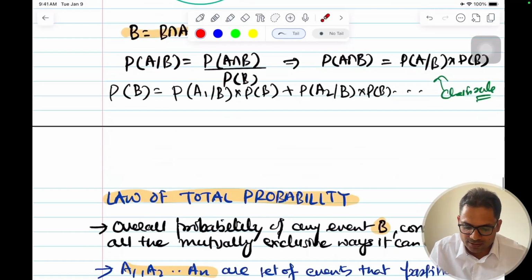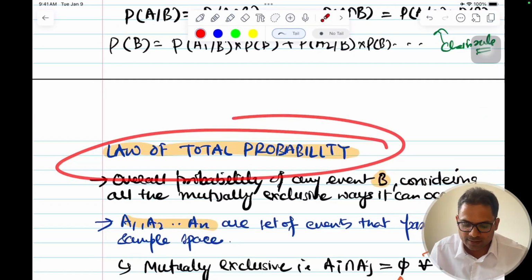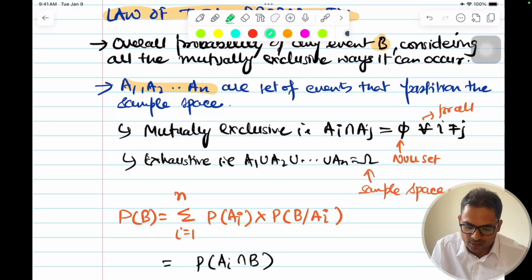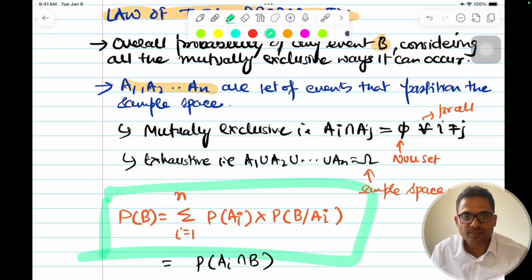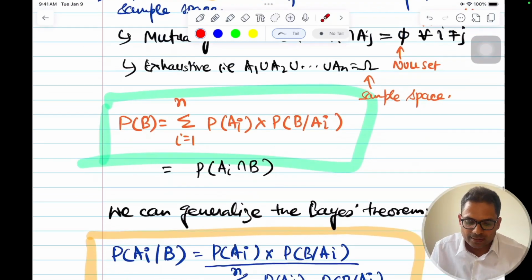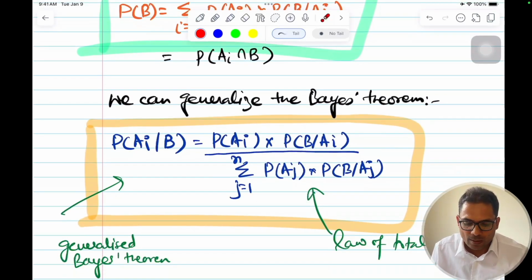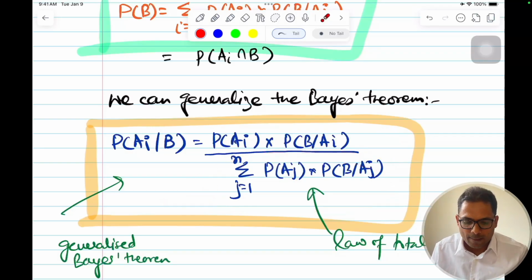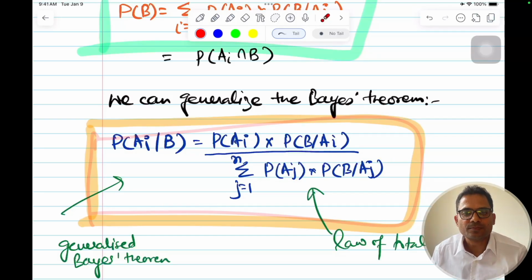This gave us the law of total probability, where we compute any probability using its intersection with the mutually exclusive partitions of the sample space. The same law was used in Bayes theorem to replace the probability of B to get a generalized Bayes theorem.